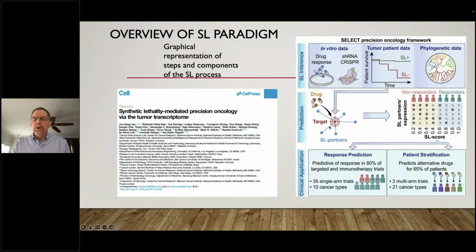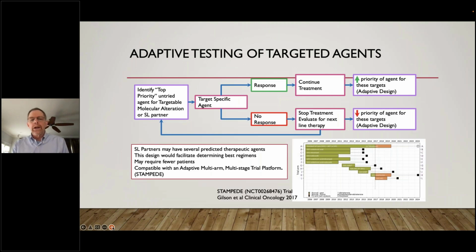You develop a network, those targets that have the most interactions with other genes are most likely to be beneficial, and you can actually do response prediction and then stratify and hopefully find agents that are good for that patient and their tumor. So here we can do adaptive testing.